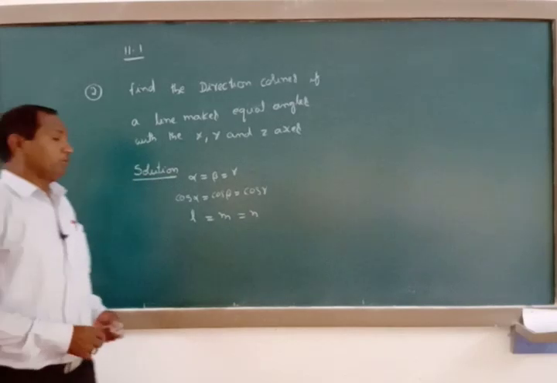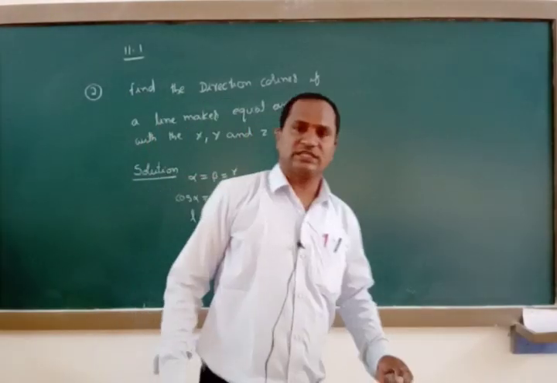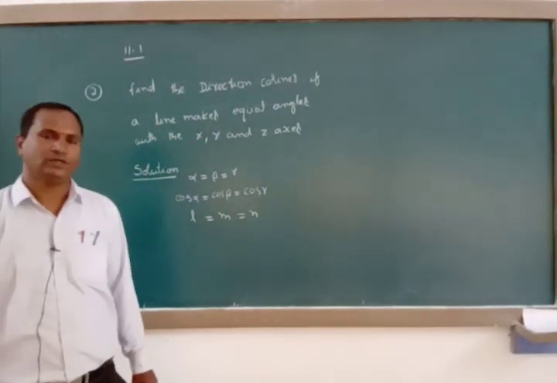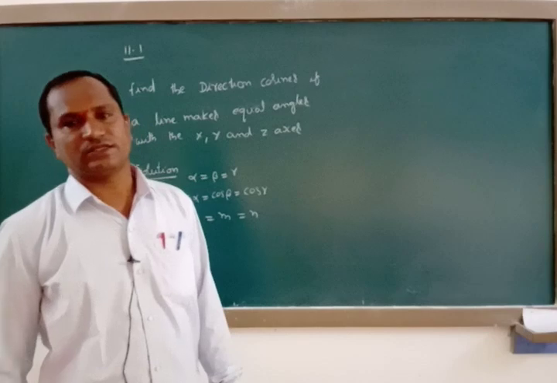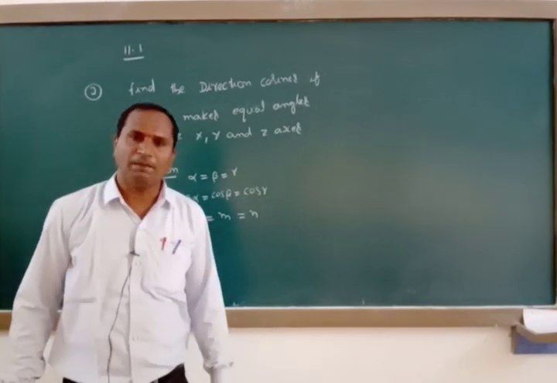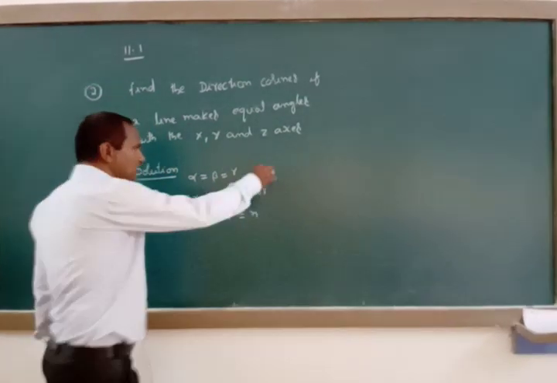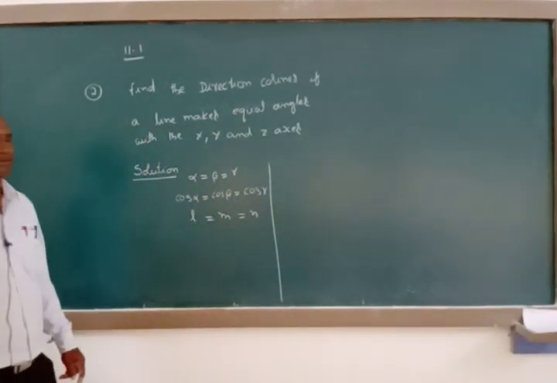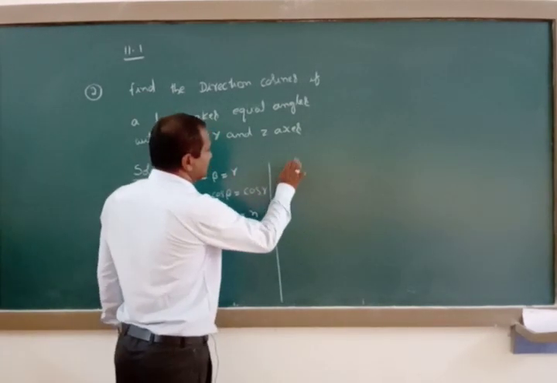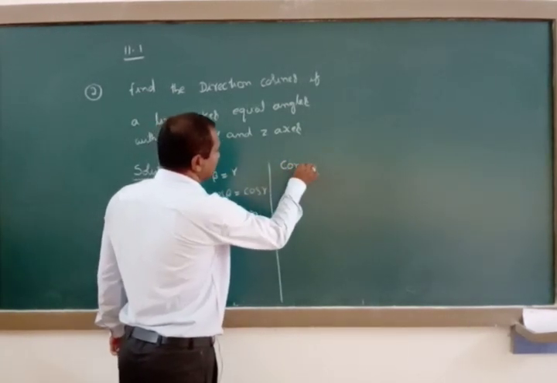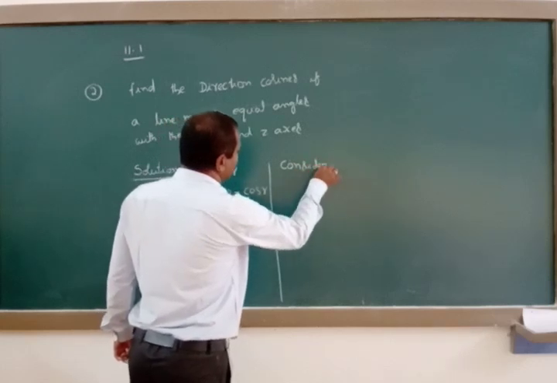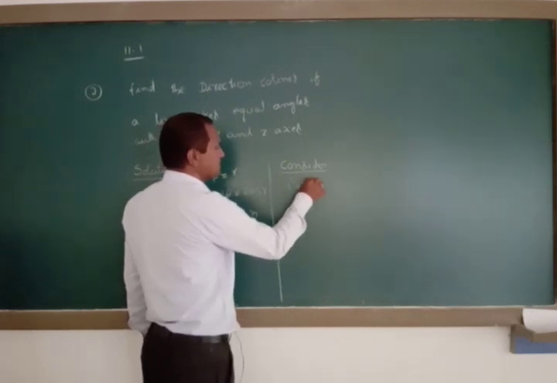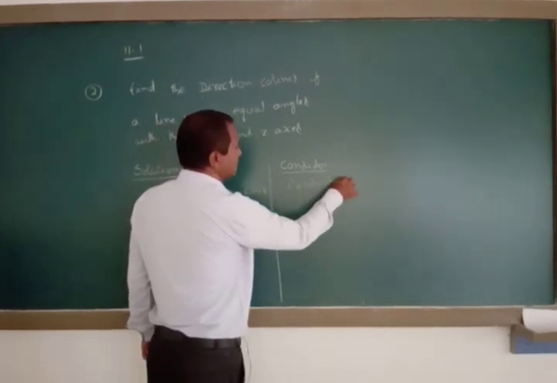Already we know one important condition with respect to direction cosines, that the sum of squares of direction cosines of any line is always equal to 1. We have to apply that condition here. l square plus m square plus n square is equal to 1.